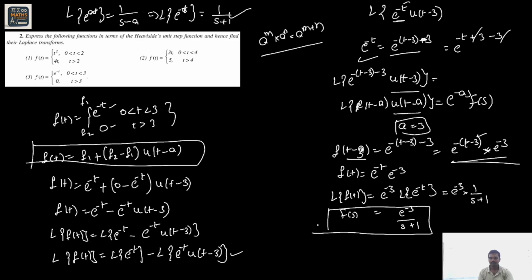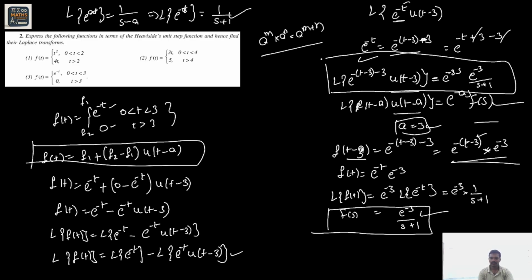By using this form, e power minus as with a value 3 gives e power minus 3s into f of s, whose value is e power minus 3 by s plus 1. This is the second term value. We just substitute the first term value here, e power minus t, and the second term value is this term.